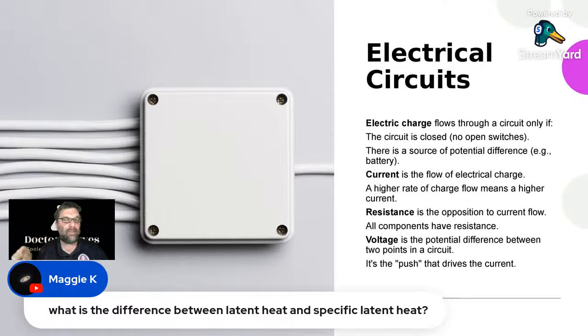Every different substance has a different latent heat depending on the strength of the bonds between its particles. So water has a different specific latent heat than, say, iron or carbon dioxide.